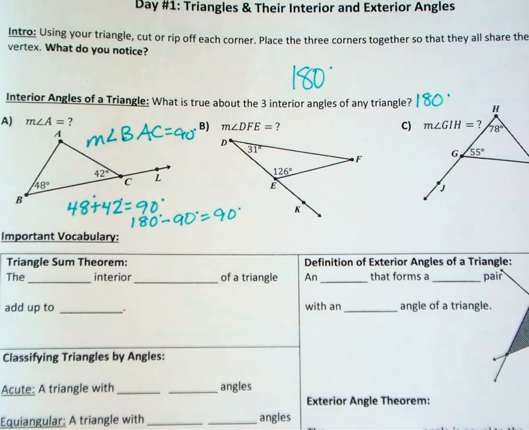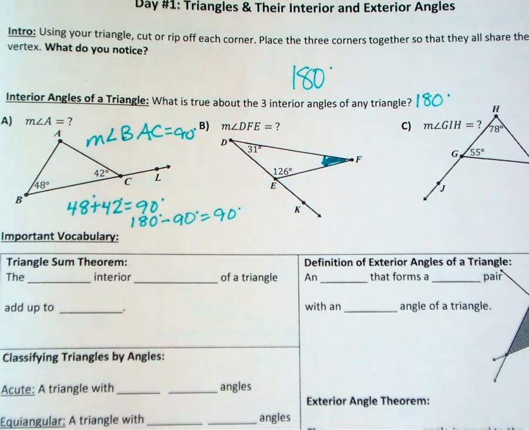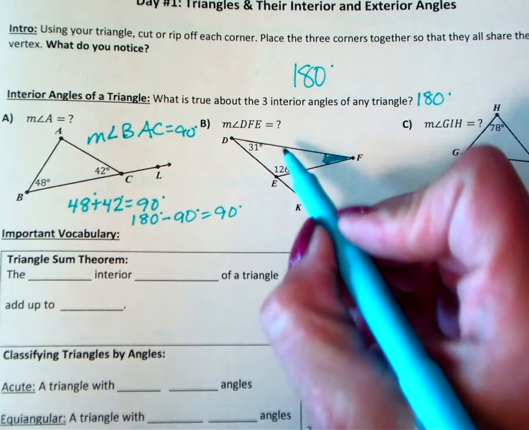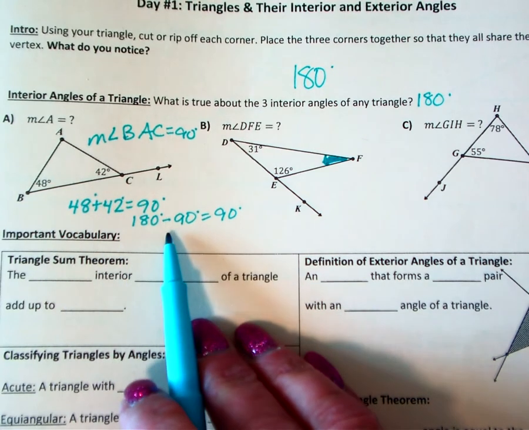Example B asks us to find the measure of angle DFE. So it's asking us to find the measure of this angle here, DFE. A couple of different ways you could do this. I added the 2 angles together and subtracted that from 180.